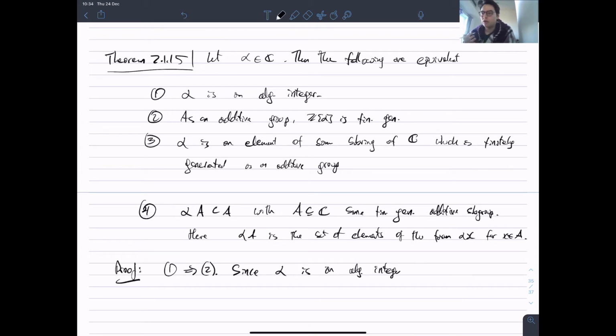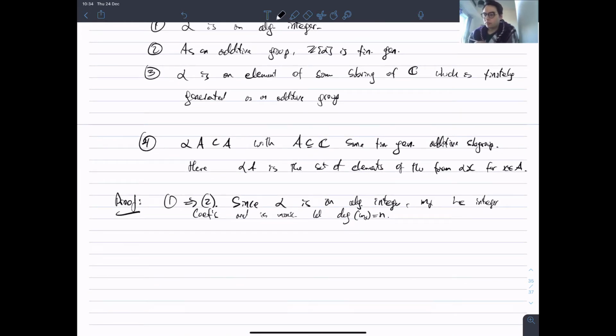It's the root of some monic polynomial m(alpha) with integer coefficients. Let's say this has degree n.